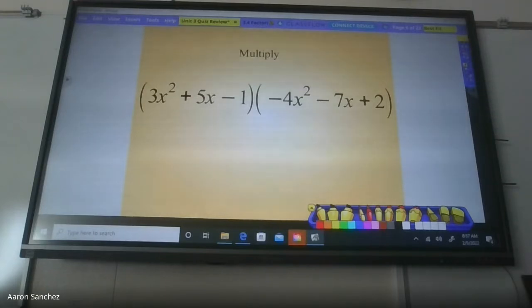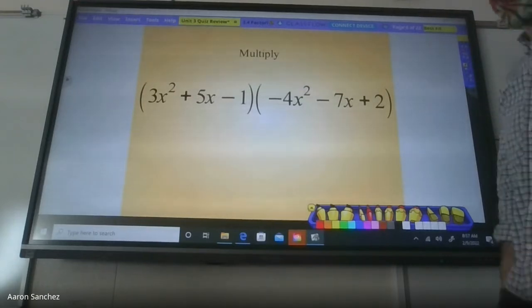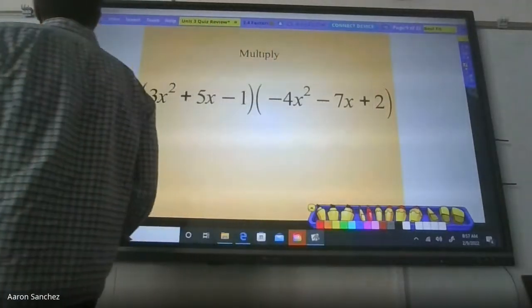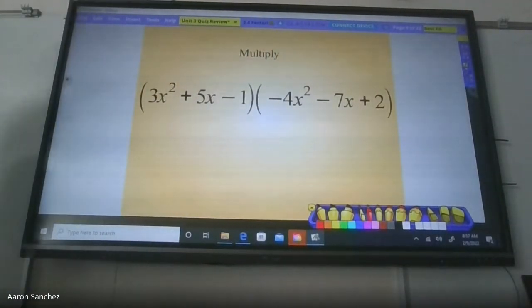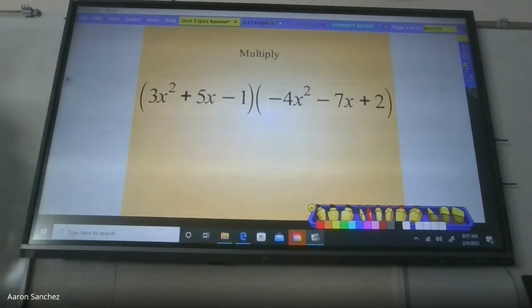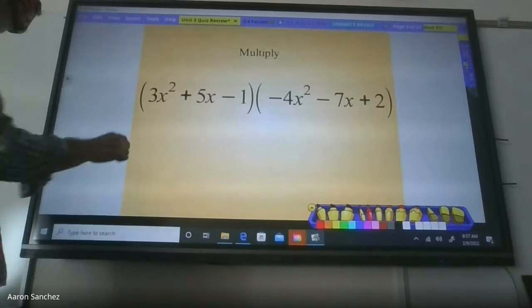Multiply. Now again, this one isn't that difficult. However, it's a lot to do at once, right? You guys know what I like.